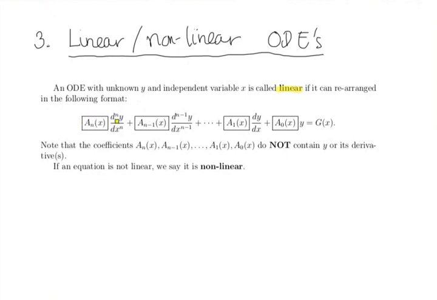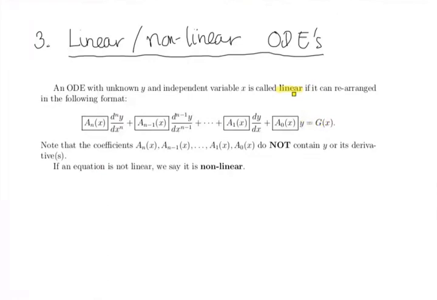We begin with the highest derivative, and then lower derivatives until we don't have any derivative in y, and the rest without y we put on the other side.